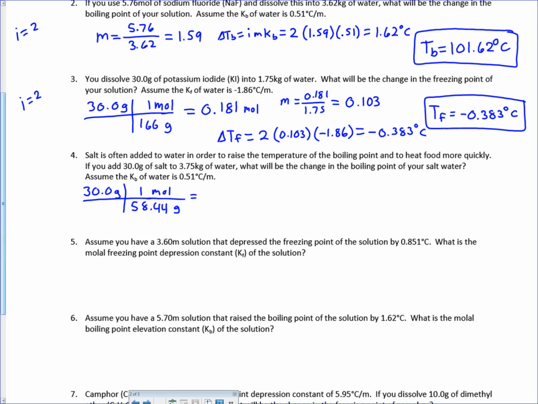You multiply those, you get 0.513 moles. Our molality then is going to equal 0.513 divided by the kilograms, 3.75. All right, and you get 0.137 molal.